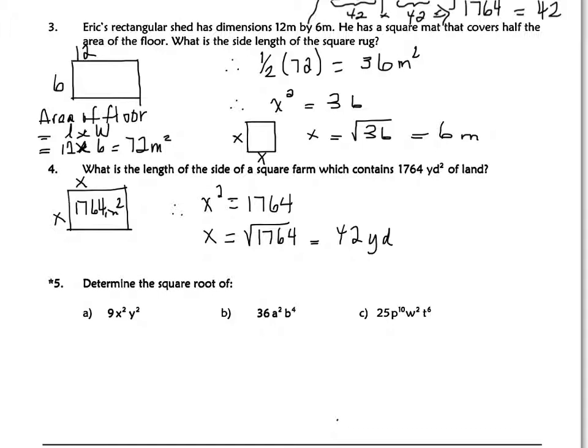We will actually be doing these later on, and you will have to know them, but right now they're considered optional questions. But if you think about it, they're not too hard, because the square root of this, basically, if you look at 9, 9 is 3 times 3.